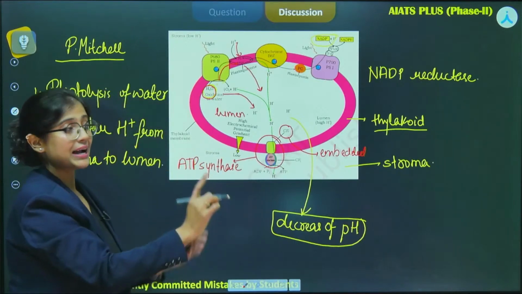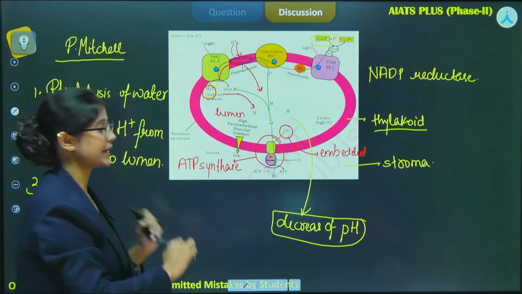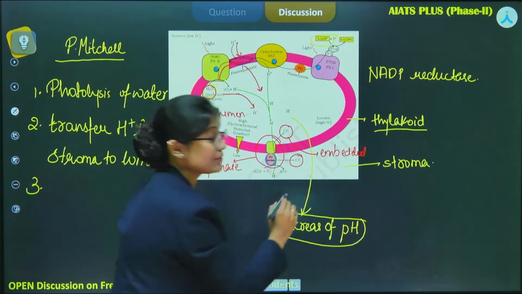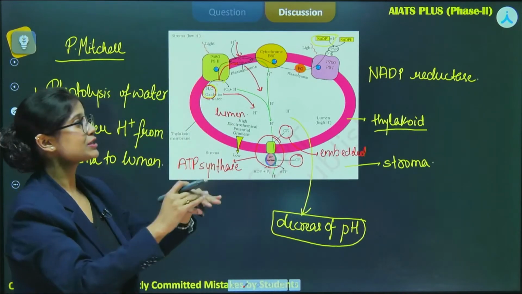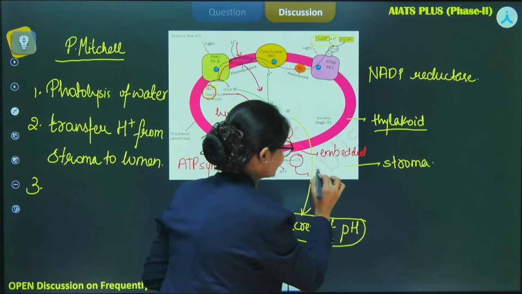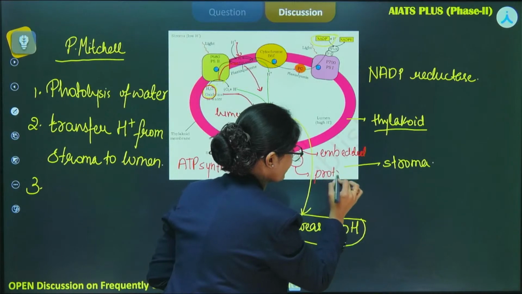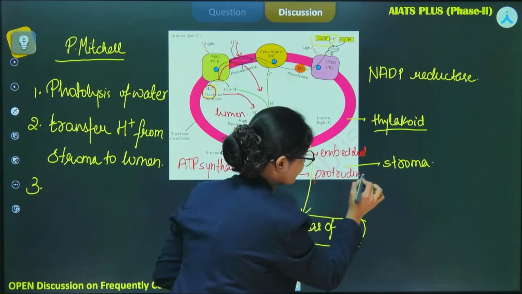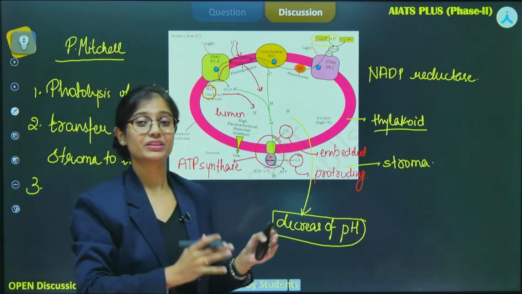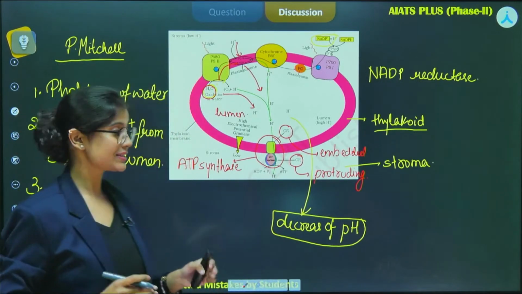Please remember that CF0 is embedded in thylakoid membrane, and the next part is CF1, which is protruding on the surface of outer membrane of thylakoid, right? Protruding outside. Please remember these things as this has been asked in the previous year NEET questions.